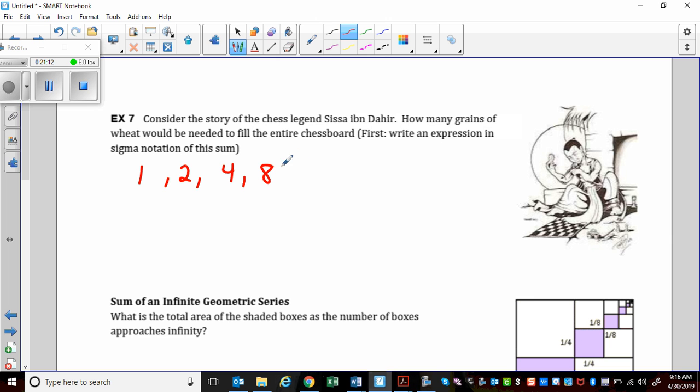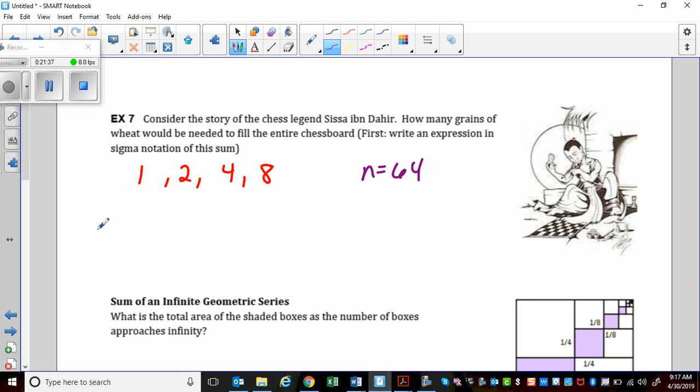And the king was like, oh, what a dummy. But then he couldn't deliver, because we're going to find out how many grains the king would have had to pay. I think there are 64 squares on a chessboard, so n equals 64. And this is geometric because we're doubling it each time.